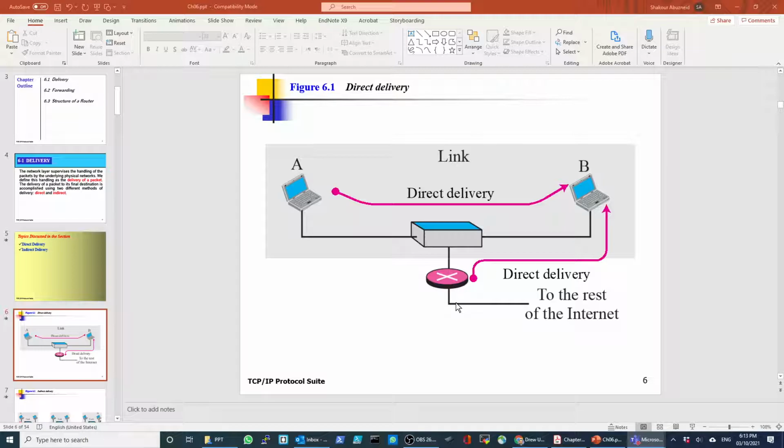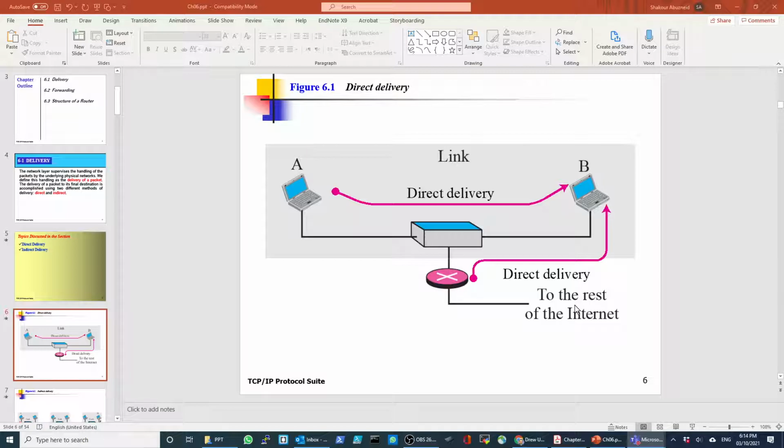So the sender can easily determine if the delivery is direct. How could it do that? By extracting the network address of the destination. If it equals the network address of the source, then they are part of the same network. There is no need to send it through the router. It will be direct.